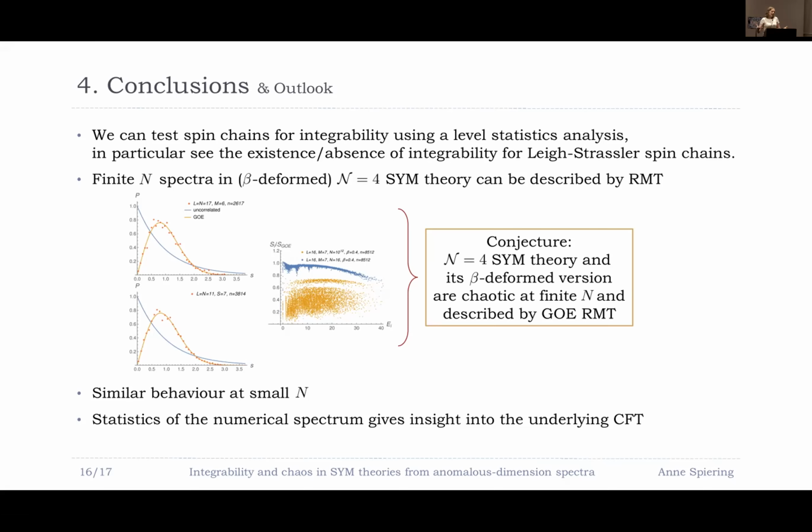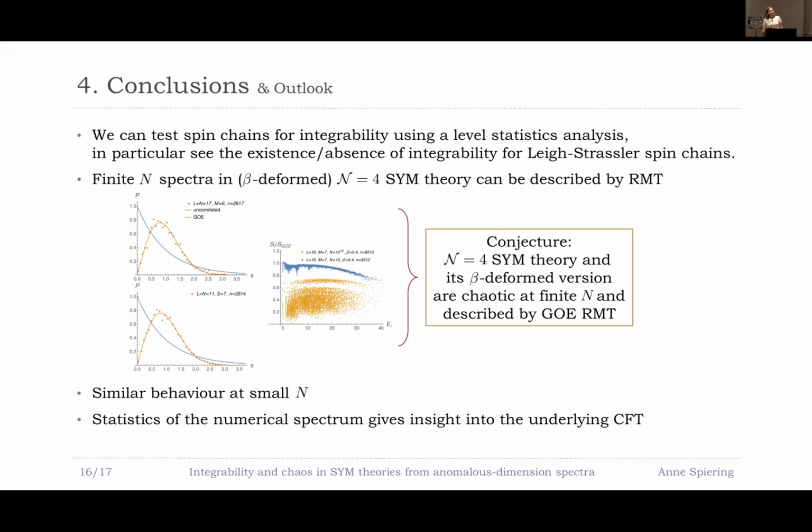And so this then leads us to the conjecture that N=4 Super Yang-Mills theory and its beta-deformed version are chaotic at finite n and described by this Gaussian orthogonal ensemble. I haven't talked about this here, but we find similar behavior at small n, where the rank of the gauge group is smaller than the length of the operator. And there are more relations between operators, and so sectors are a bit smaller.